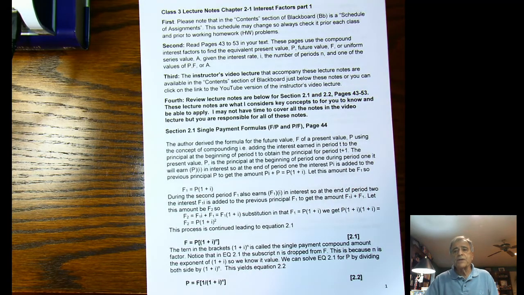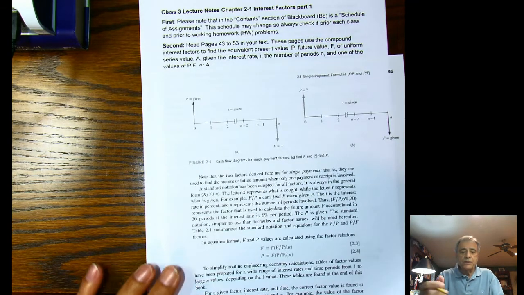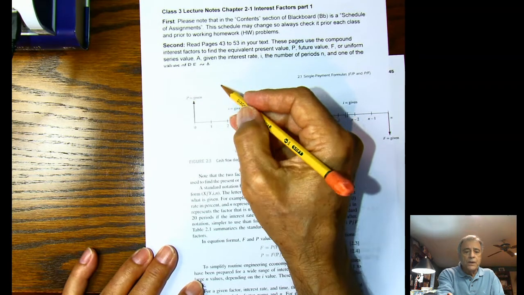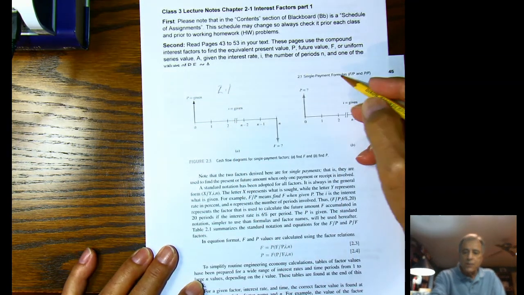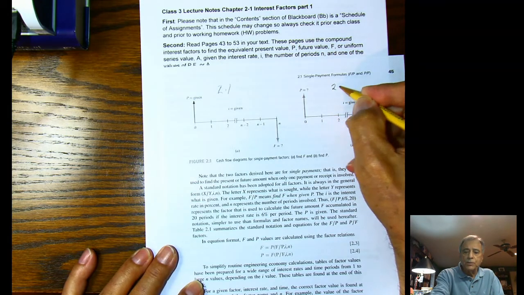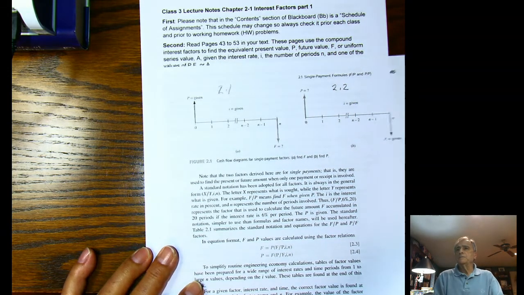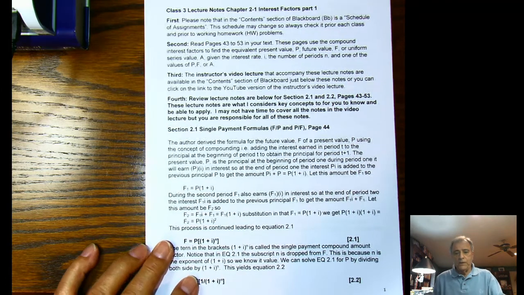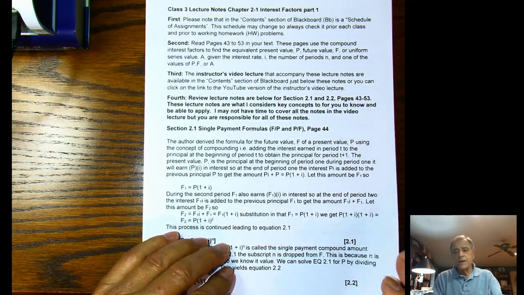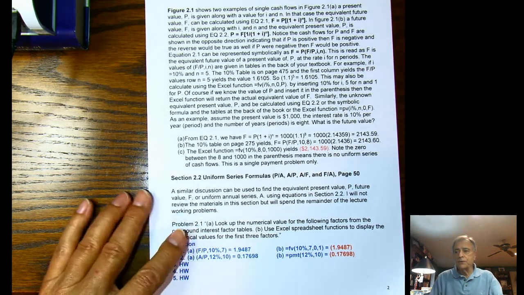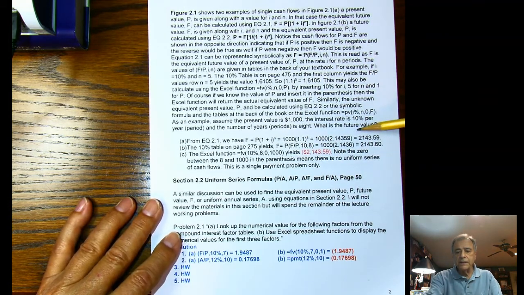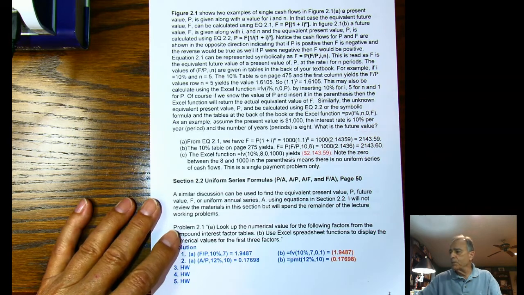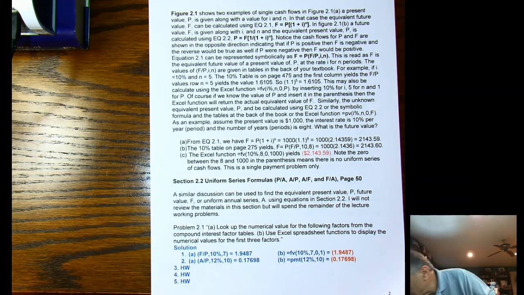This would be the situation for equation 2.1, and this is for equation 2.2. So that is the equations for the use of those factors, and I discussed that here in talking about figure 2.1. So that takes care of that.